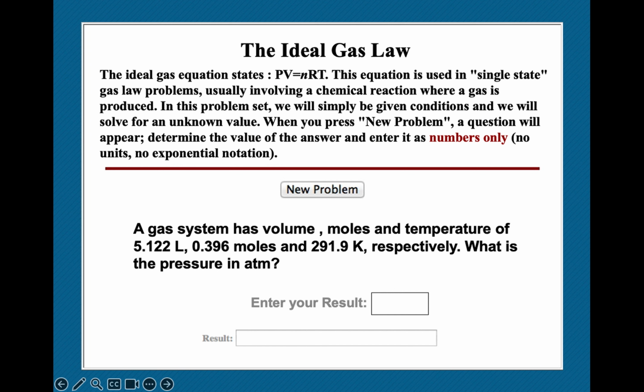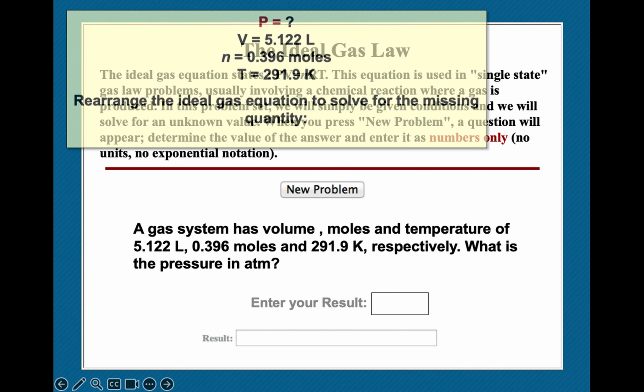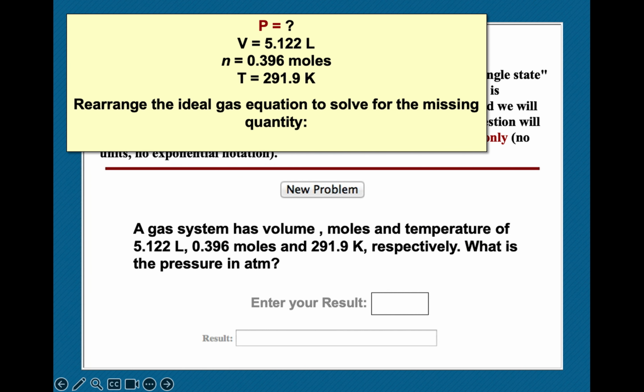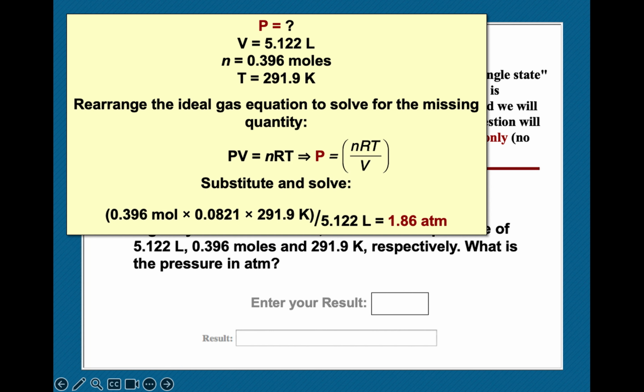We can do this. Simply, there's our list. We're looking for the pressure. We know the volume, the number of moles, and the temperature. Pressure is going to be nRT over V. Substitute, multiply it out, 1.86 atmospheres.